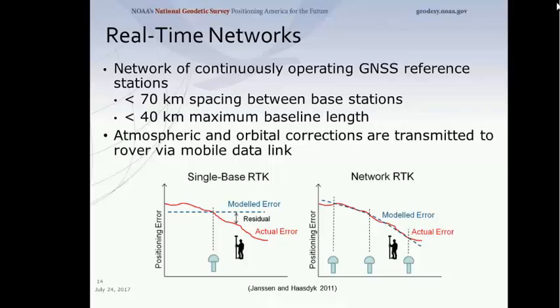Whereas in network RTK, like shown on the right, you have a few base stations or more that you can interpolate the atmospheric error between, and therefore it helps model the actual error better. So network RTK, what I'll refer to as NRTK, is when you're using the full network corrections from the RTN, as opposed to single base RTK where you're only using a single base station. Okay, next slide.